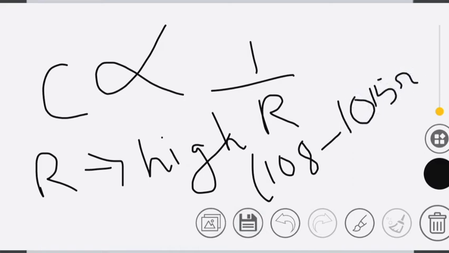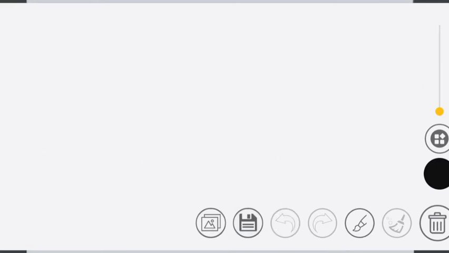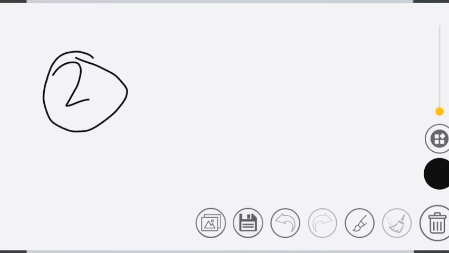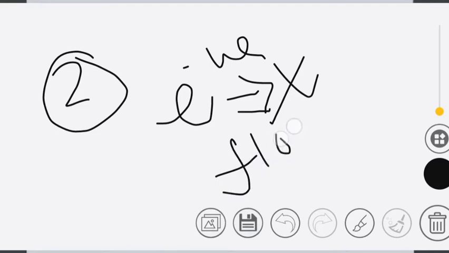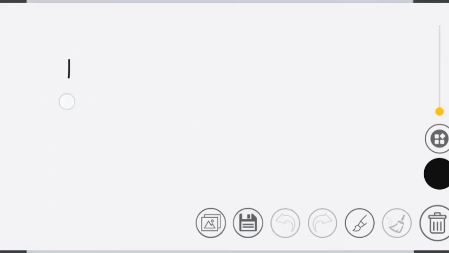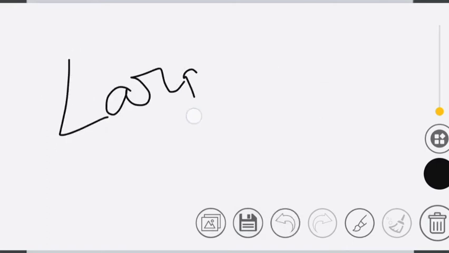Clear? Second property, an insulator does not allow electrons to flow through it. Electrons cannot flow through it. Clear? Next, it has large dielectric strength.